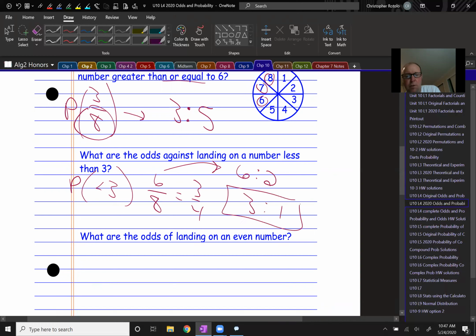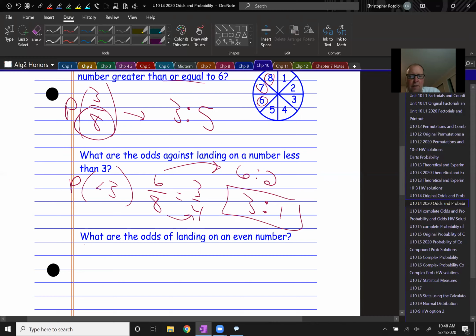So we still want to reduce our odds just like we would for probability. So this step that we did here, this 6 over 8 that becomes 3 over 4, if you went straight to the odds and said 6 to 2, we would also reduce that to 3 to 1, just so we have those ideas going on.